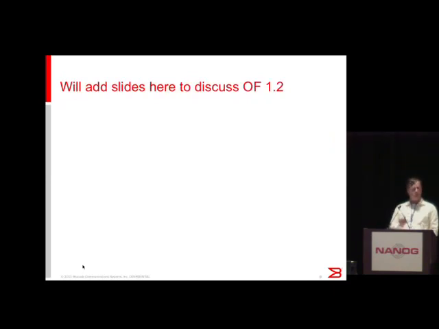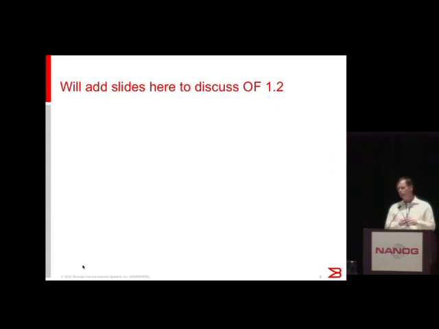I will add slides. So these were the draft slides. I submitted more slides last night, but we ended up with the ones that I submitted 3 weeks ago. I do want to say a couple things about 1.1 and 1.2. I'll take another step back to 1.0. 1.0 was a very simplistic model.